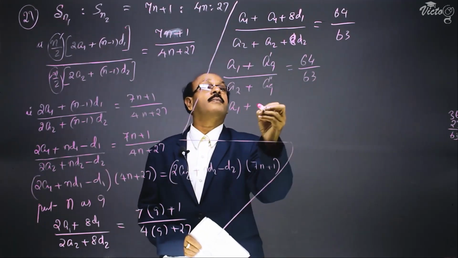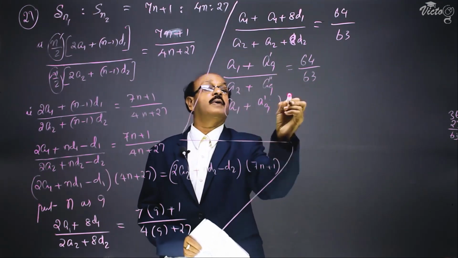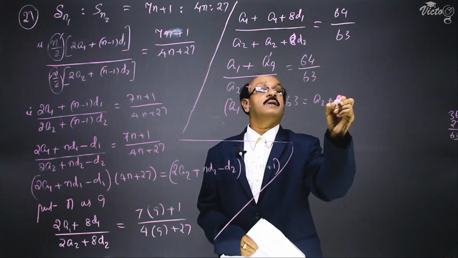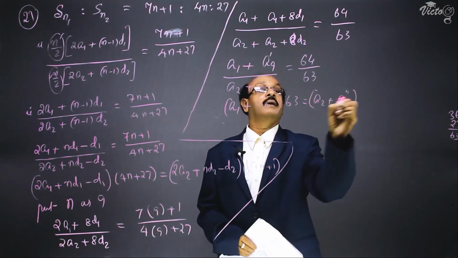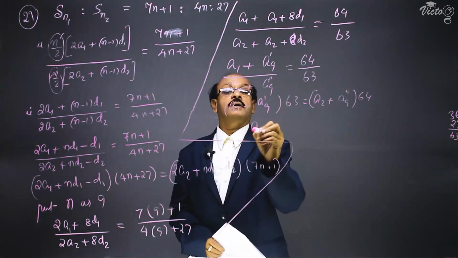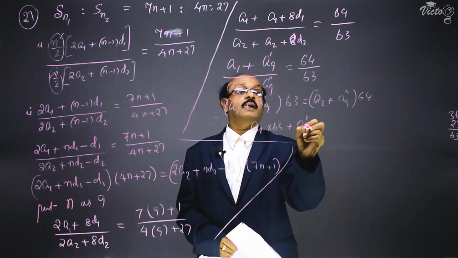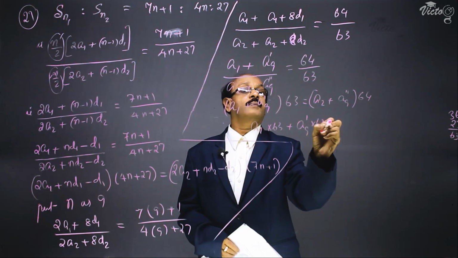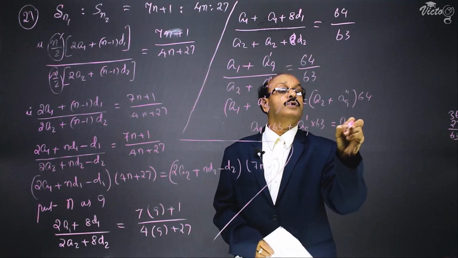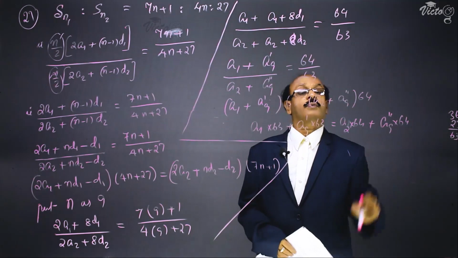Cross multiplication: a1 plus a dash 9 into 63 is equal to a2 plus a double dash 9 into 64.